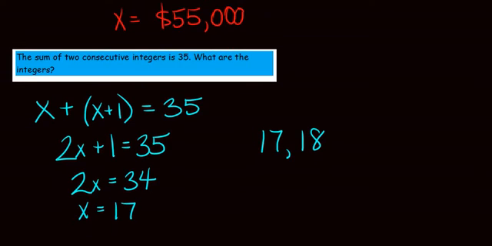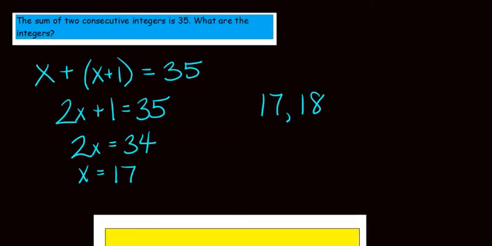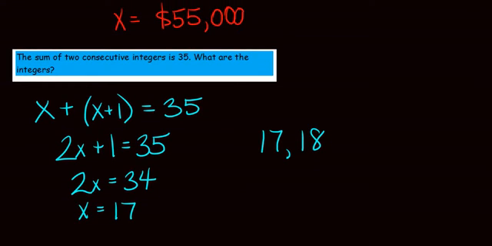Another type of problem you might see deals with consecutive integers. This question says the sum of two consecutive integers is 35. What are the integers? Well, this has got to be one of them, and consecutive means one after the other. So the next number has to be one more than what this one was.